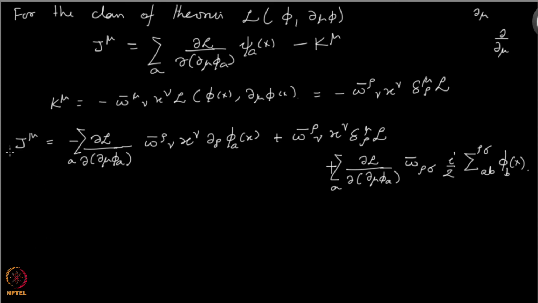There is only 1 J mu. If I put mu equal to 0, I get one charge. It appears like I don't get 6 charges, but only 1. I will answer it maybe after a little while.